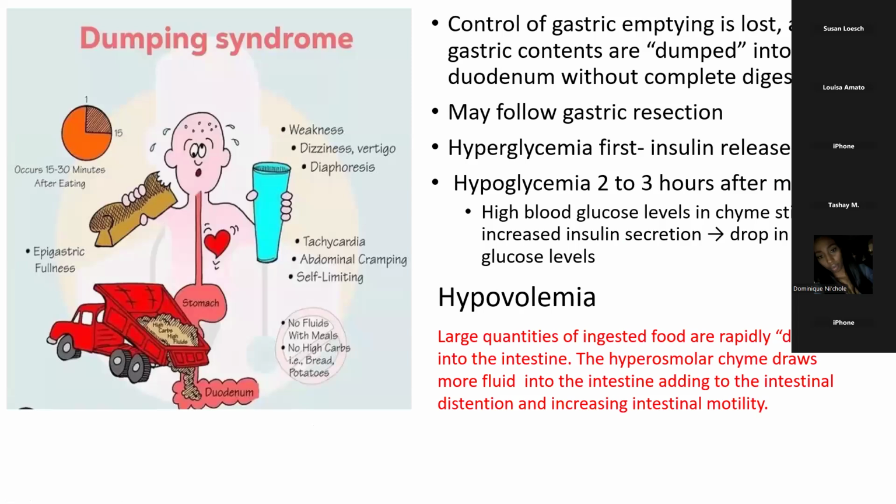Dumping syndrome. Okay. This is when they have a problem there with the gastric emptying. So it can happen after a gastric resection. Usually damage here to the pyloric sphincter, I believe it is. So what are we going to see in the client?